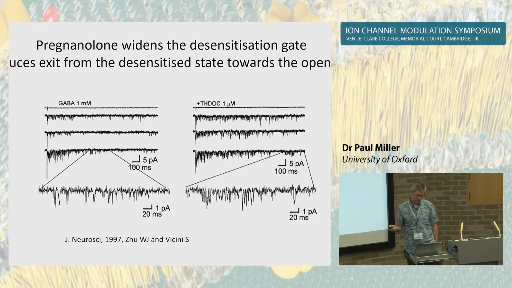So that fits with the structural data that we have, which suggests maybe the neurosteroids can pull on this desensitization gate and encourage the receptor to reopen in response to having desensitized, and therefore generally potentiate the receptor. Maybe that's their mechanism of potentiating activation and opening of the receptor.